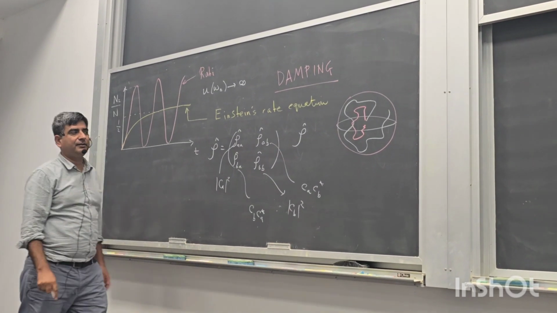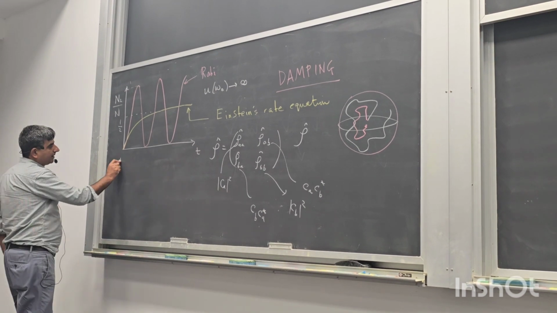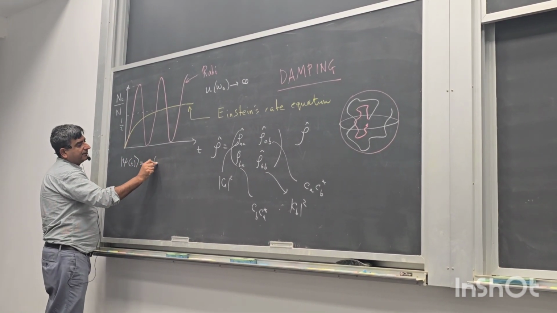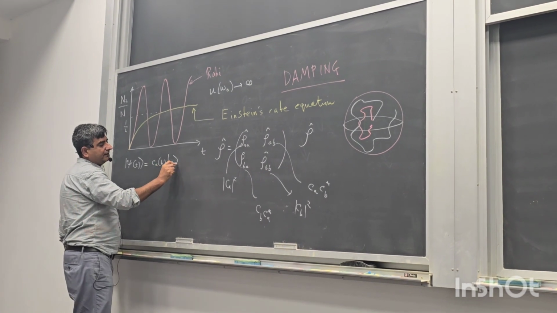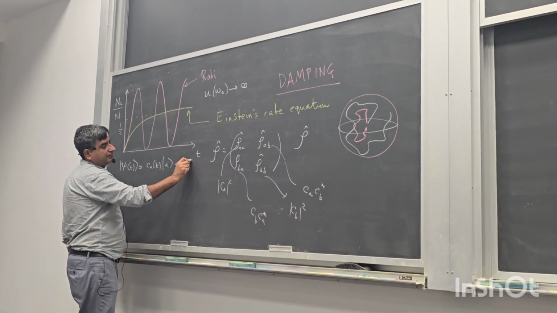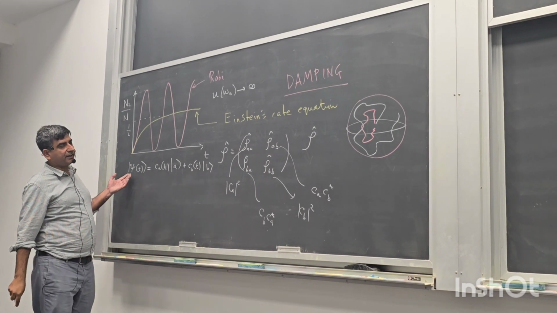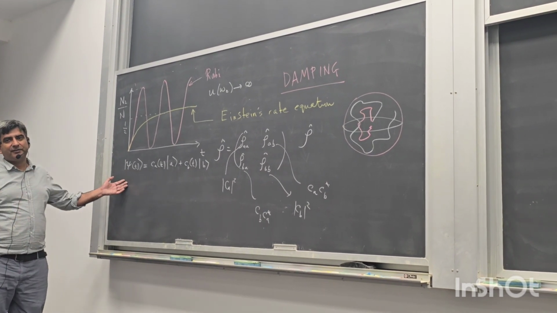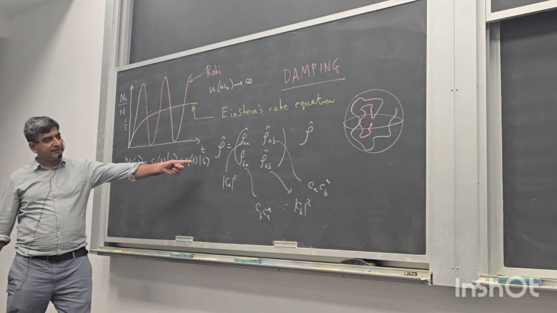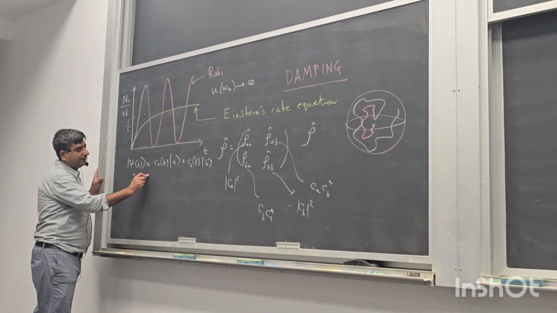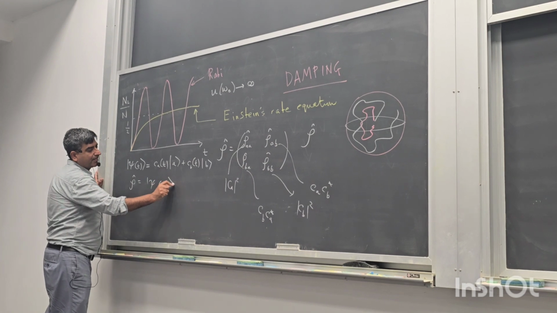Okay? And our quantum state as a function of time for the two-level system is some CA(t) ket A plus CB(t) ket B. Correct? So now if you take the outer product of this state with the corresponding bra, you get this density operator, right?